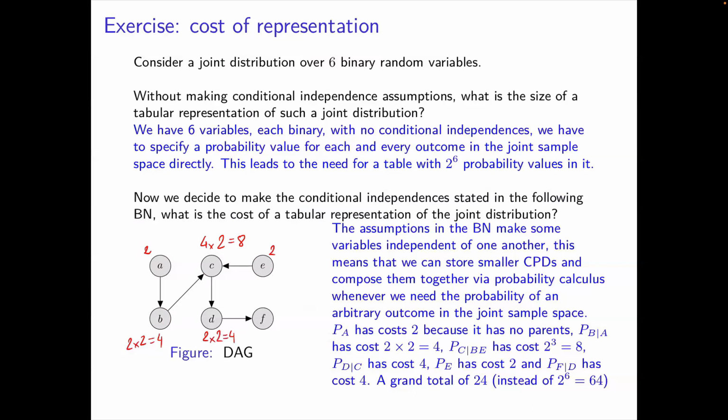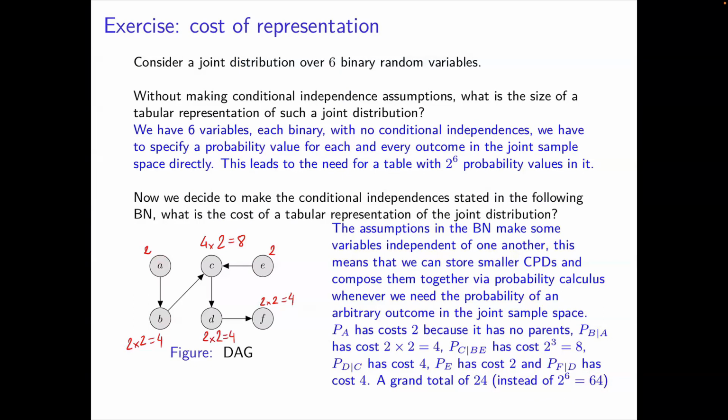And F has 1 parent, and they're both binary, so 2 CPDs, 2 outcomes in each CPD, 4 parameters. And if I didn't miss anything, we have basically 10, 12, 16, 24 probability values, which is an improvement compared to 64.